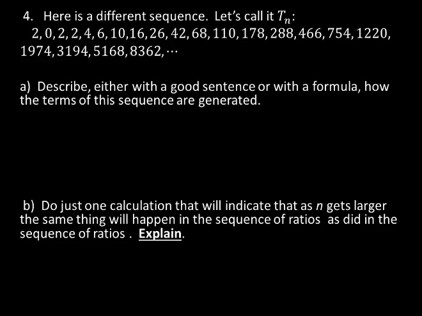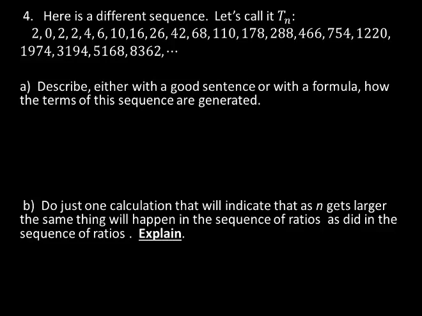It looks like about 22 or 23 terms of the sequence are given. But it's a Fibonacci type of sequence. It just starts with 2, 0 instead of 1, 1. So you could generate the first 20 terms yourself by just adding the 2 before it to get the next one.